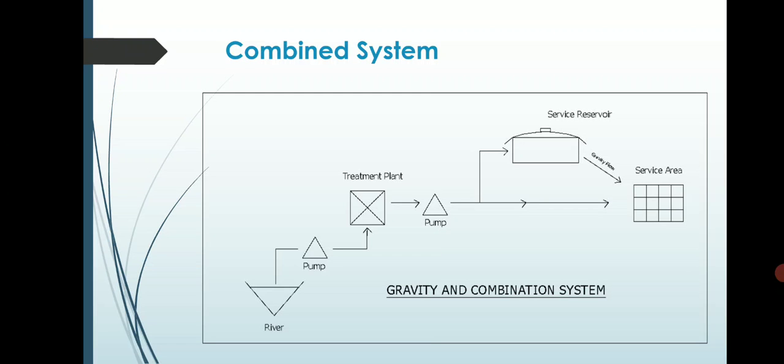But if the water is pumped to the service reservoir and then goes to the service area by gravity flow, then it is the combined system, because there is the action of gravity flow and also the action of direct pumping. So it is the combined system, and it is actually the most common system.